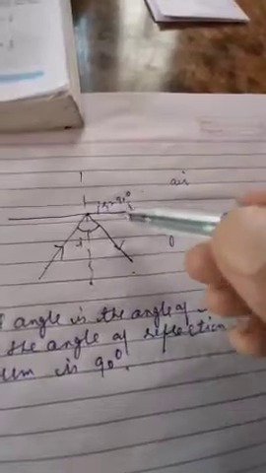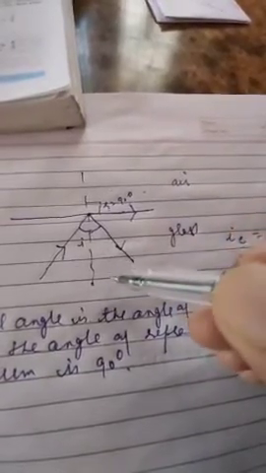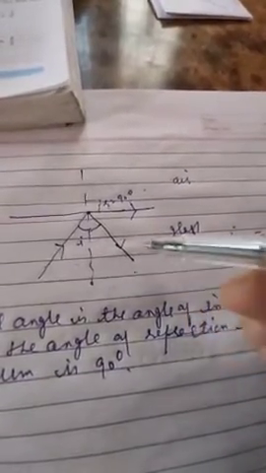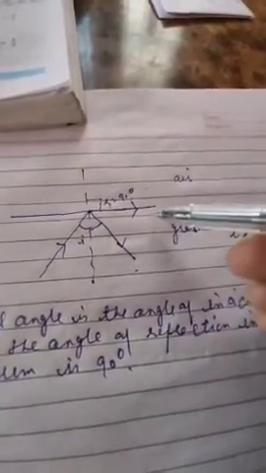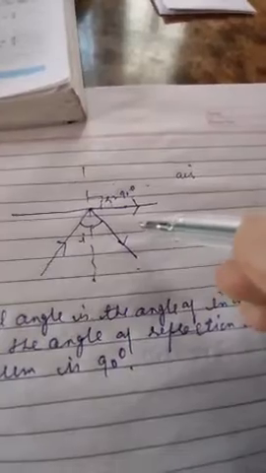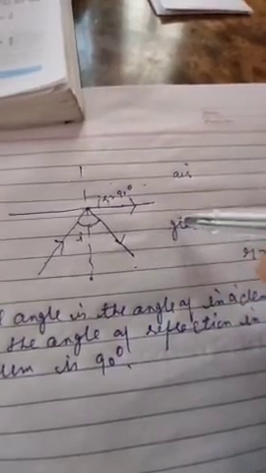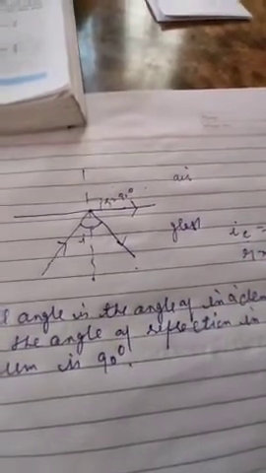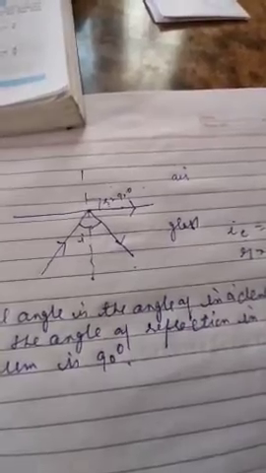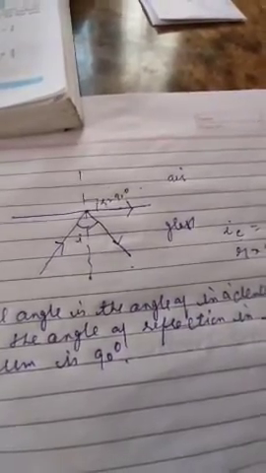It means that when refraction of light is taking place from optically denser to optically rarer medium, and the angle of refraction is 90 degrees, that angle of incidence is known as the critical angle.